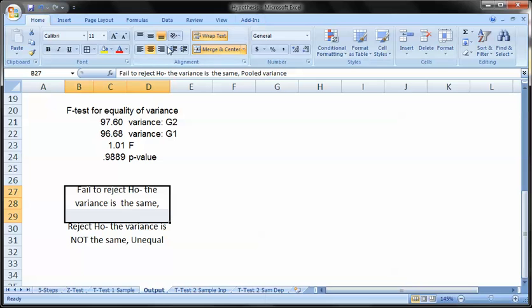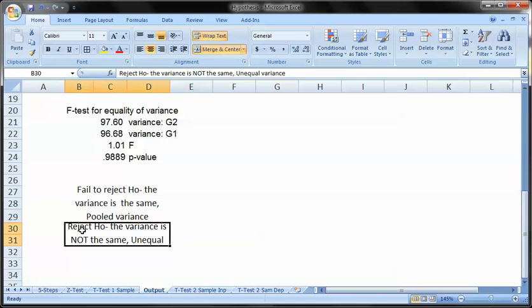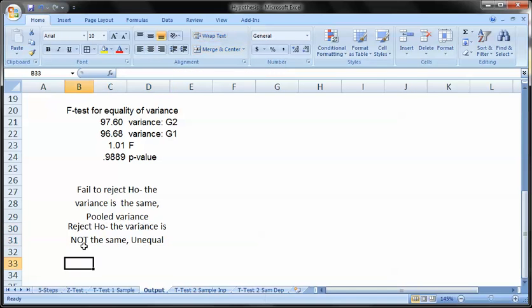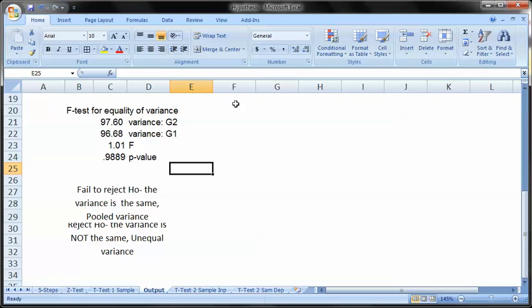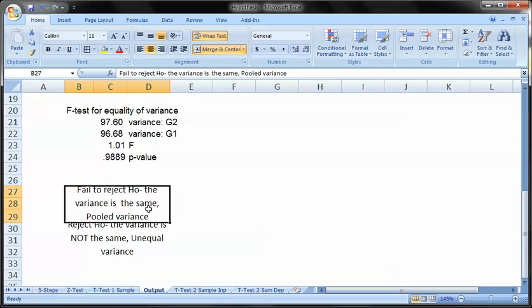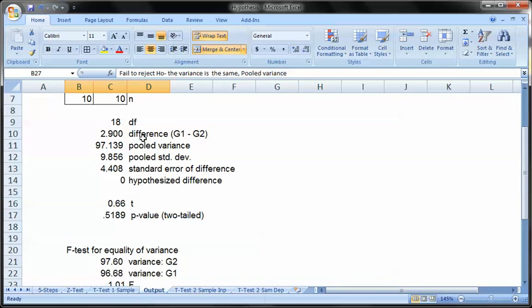In this case, we failed to reject because the p-value is definitely bigger than 0.05. We failed to reject, therefore we are using the right one, the pooled variance. So we make sure that we are using the pooled variance.